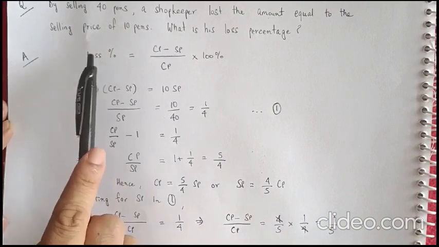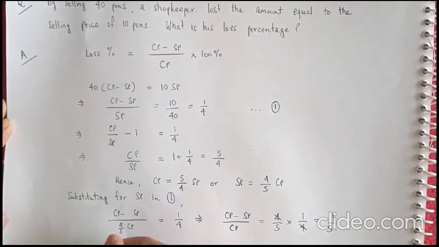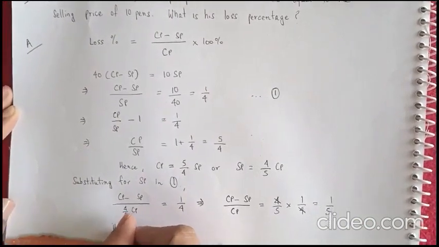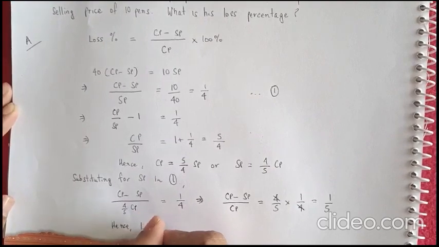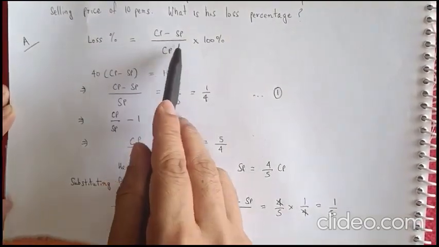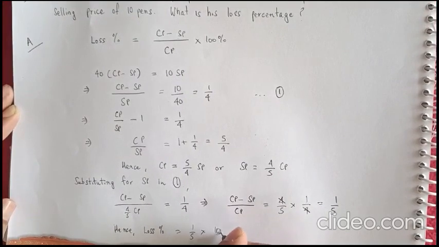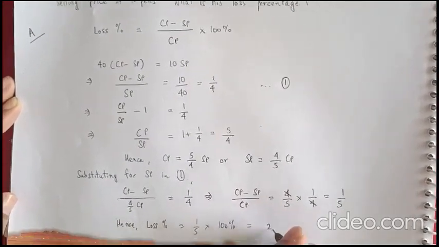So the loss percentage is equal to CP minus SP by CP, which is 1 by 5 into 100%, which gives us 20%.